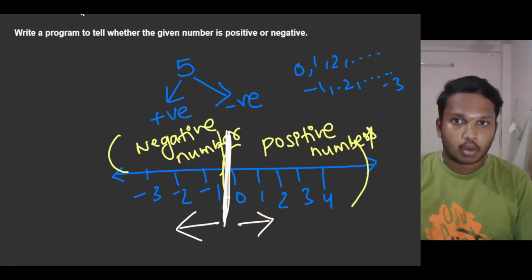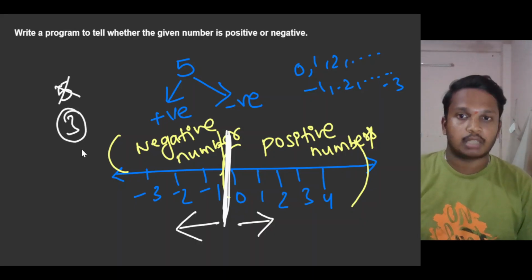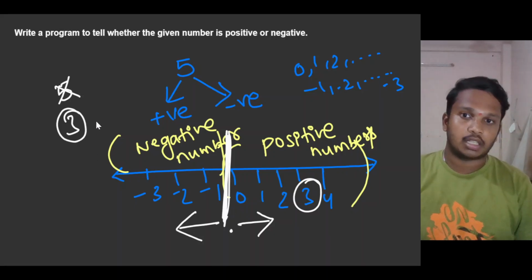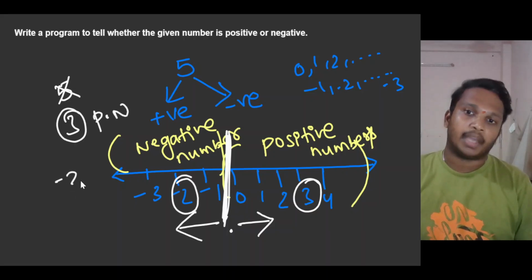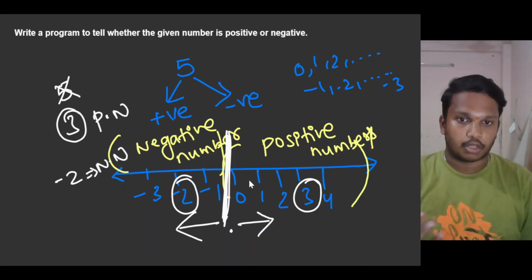Okay. Now consider one example, 3. Is 3 positive or negative? See here, 3 lies on the right side from this point. So 3 is a positive number. And -2 is a negative number. How are we telling this positive or negative?